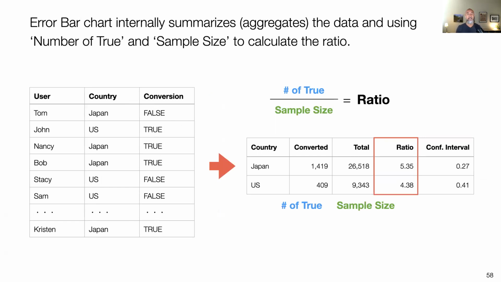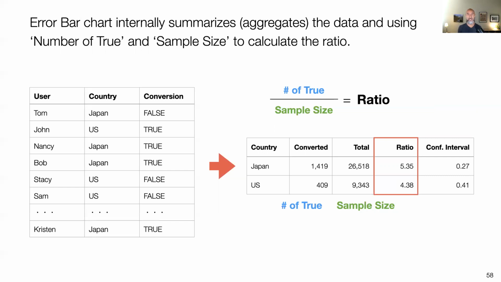Okay, and then what's happening inside the error bar chart is that it internally aggregates the left-hand side data to the country level, because we assign country to the x-axis. And then it calculates the number of converted and the number of total per country. Then using that converted and total column, or the number of true column and the sample size column, it calculates the ratio.